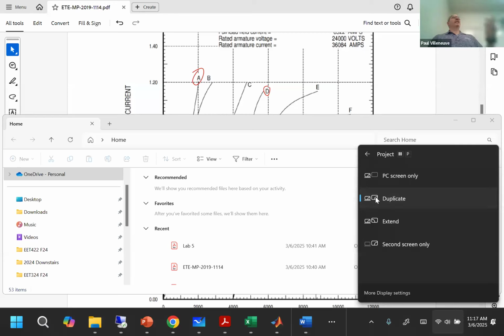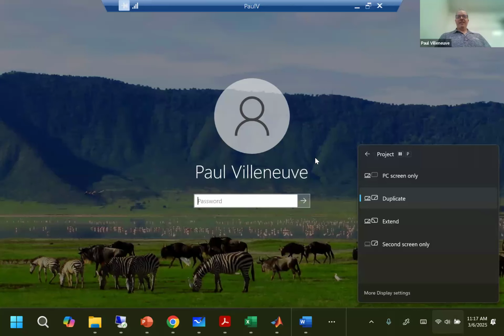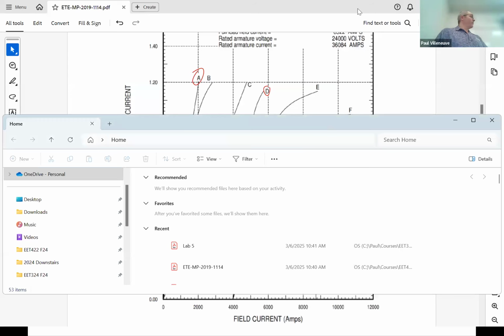Why does another display not work? I mean, it's just this one. Hit duplicate. It doesn't want to do anything. So I'll try PC only, and then I'll try duplicating it again. Re-handshake. Re-say hello. Oh, now it's bringing up all kinds of weird stuff. I don't know what's on.